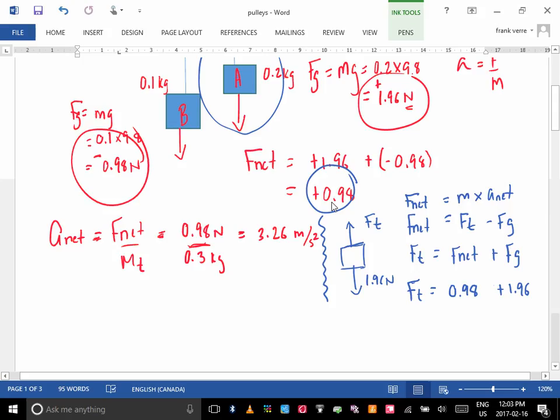Which way is the heavier mass moving? It's moving down, right? Okay, so then this should be negative. So then our tension would be 0.98.